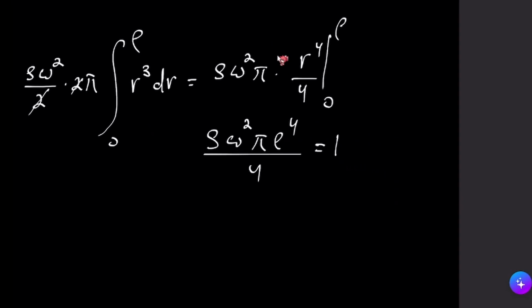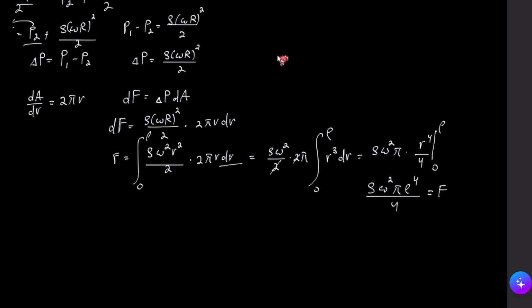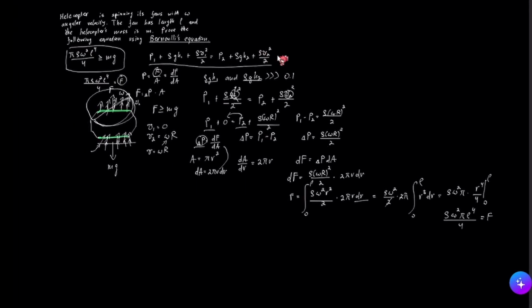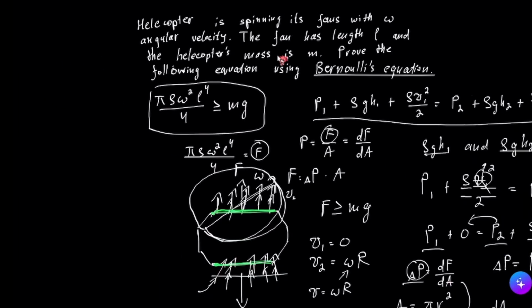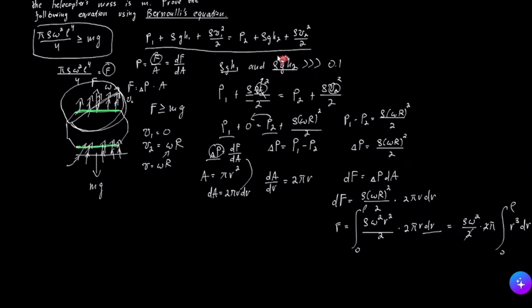And this will equal a force that is going to act up from the helicopter and pull it up, basically. And just like that, we proved that this equation is correct.